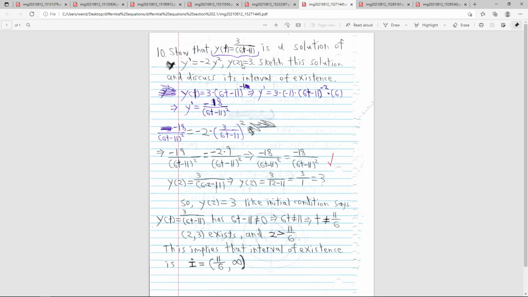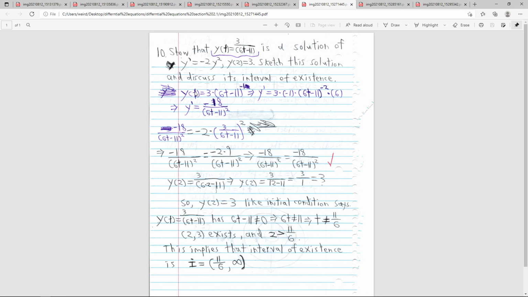Here's one that's more interesting, another one similar. Show that y at t equals 3 divided by 6t minus 11 is a solution of y prime equals negative 2y squared, with y at 2 equaling 3, and sketch the solution and discuss its interval of existence. We have a specific point, y at 2 equals 3.